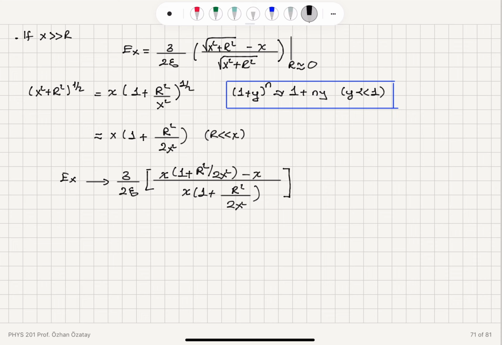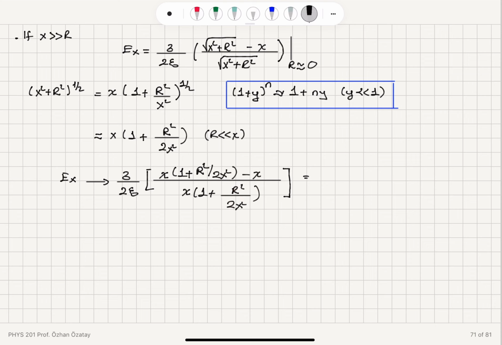And this is going to become, you can see here I will have an x minus x, x's will cancel, I will be left with R squared over 2x squared. This R squared over 2x squared is much less than 1, so that can be ignored.